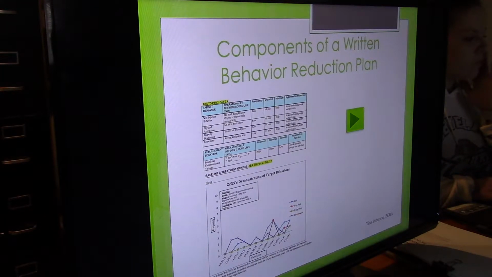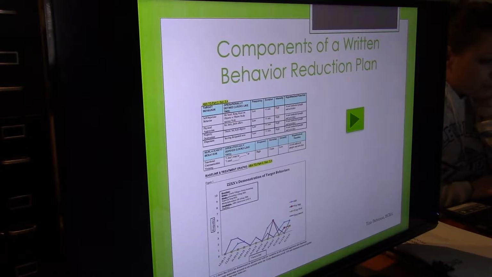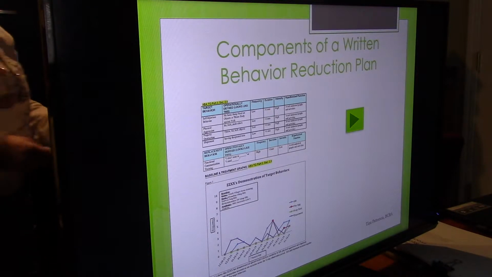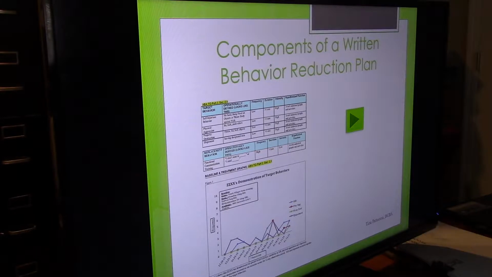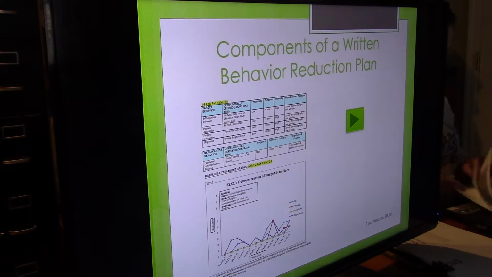Components of a written behavior reduction plan. I did not make copies of these for everybody. It depends on where you work what's part of the behavior intervention plan. I made this for Jen using this type of format, and it didn't work for our setting.